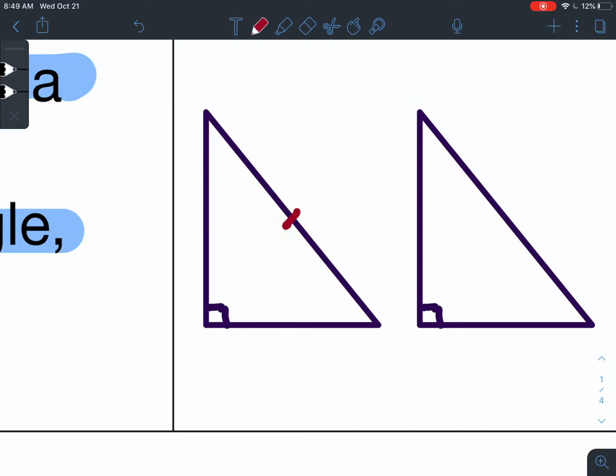So I'm going to mark these two sides as congruent. Those are my hypotenuse. From there, you have two legs, which are the other two sides of a right triangle, and you could mark this side congruent to this side. So hypotenuse-leg would be another way of proving these two triangles congruent.